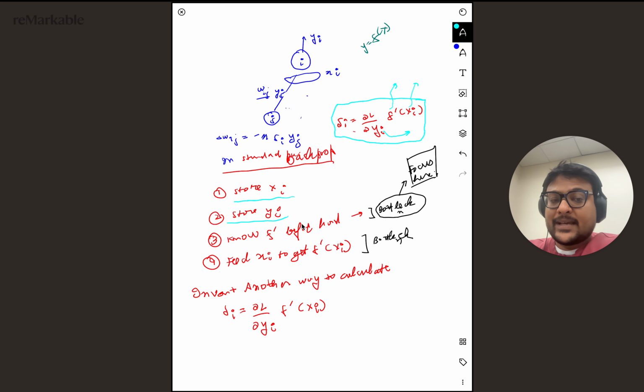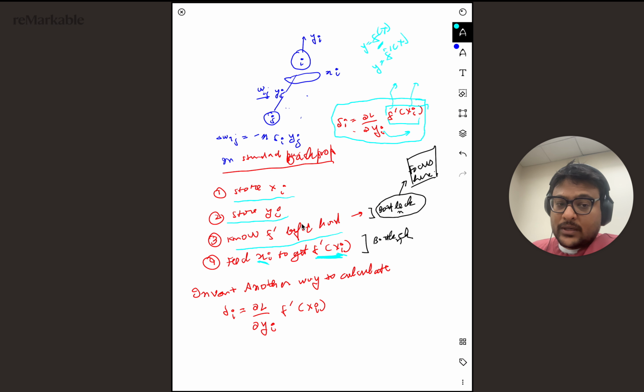They assume that f is known, and then you can easily compute the derivative. They know the mathematical expression for f dash, and that's how the derivative can be computed. Once you know this f dash, you can easily feed xi to f dash to get f dash of xi, and that will give you this expression.